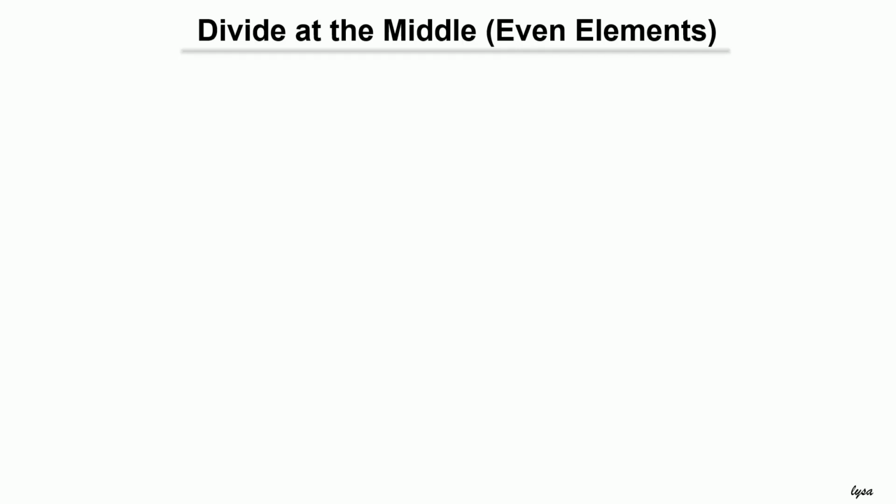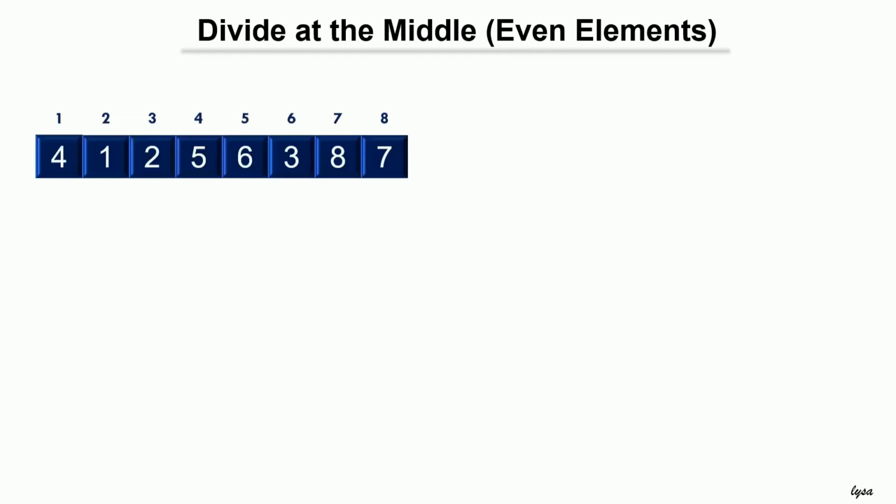Now let's see what happens when we have an even number of elements. So I have 8 elements, 4, 1, 2, 5, 6, 3, 8, 7. I need to divide it at the middle. Now the formula which I will be depending on uses the index of the first element, which I call low, and the index of the last element in my list, which I call high.